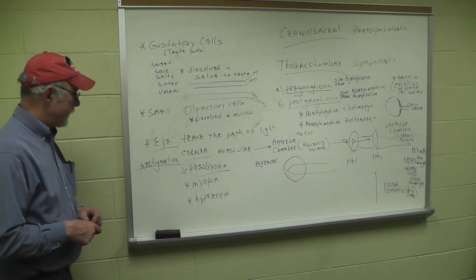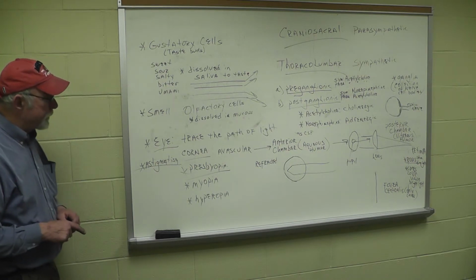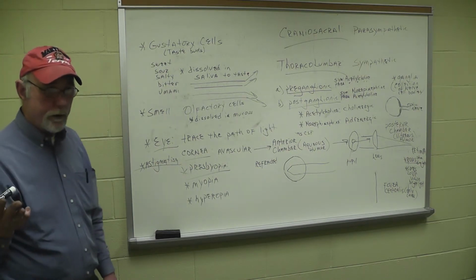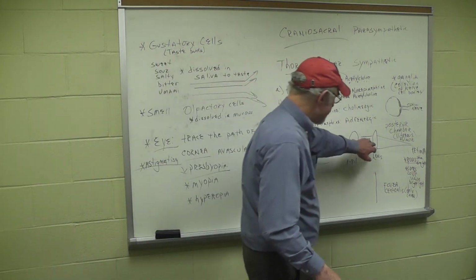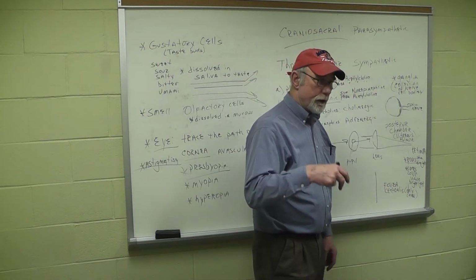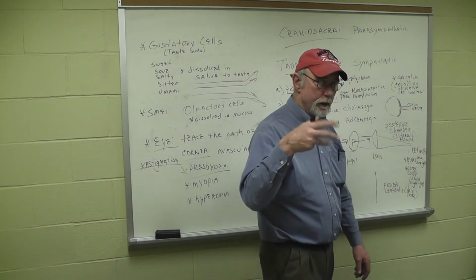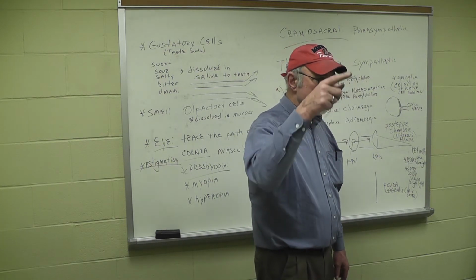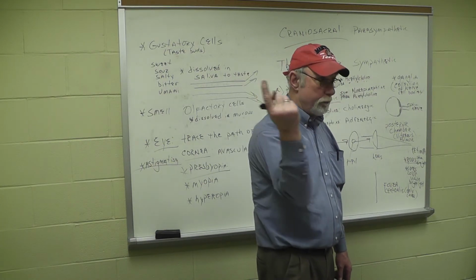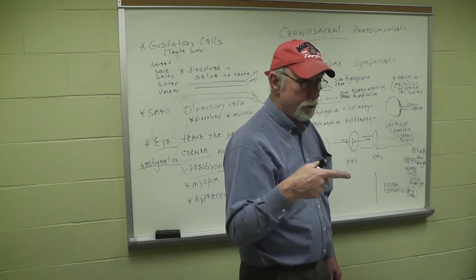Okay? That's not to say, and you know, you've heard of things called a cataract. Well, a cataract involves the lens. It's just an area of opacity in the lens where it becomes cloudy and the light won't pass through it. So you won't see that.